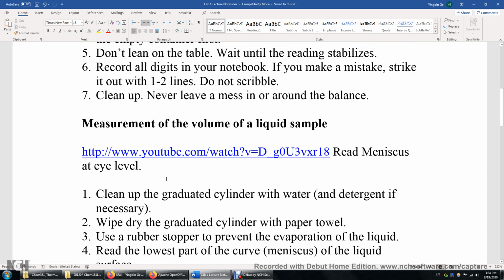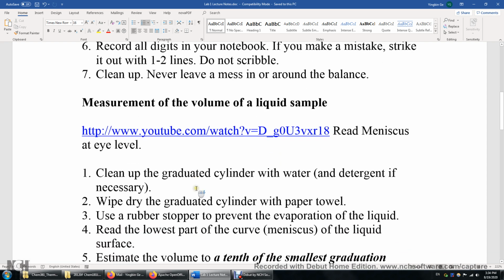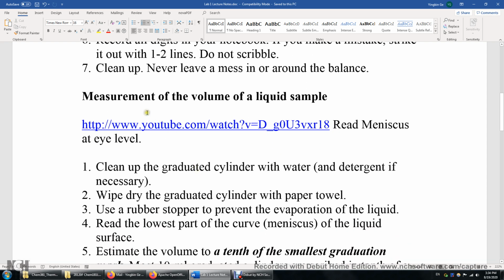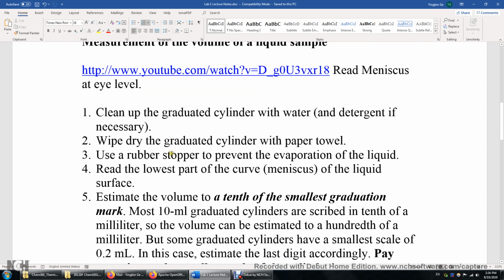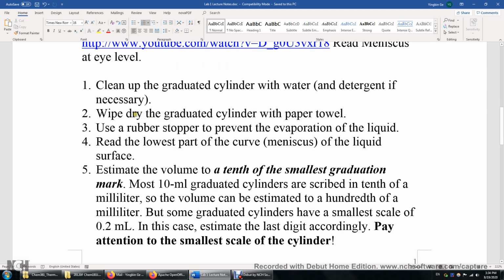Now let's look at the measurement of the volume of a liquid sample. Again, watch a YouTube video on how to read the meniscus at eye level. There are important points here. First, the graduated cylinder must be clean. Second, it has to be dry.